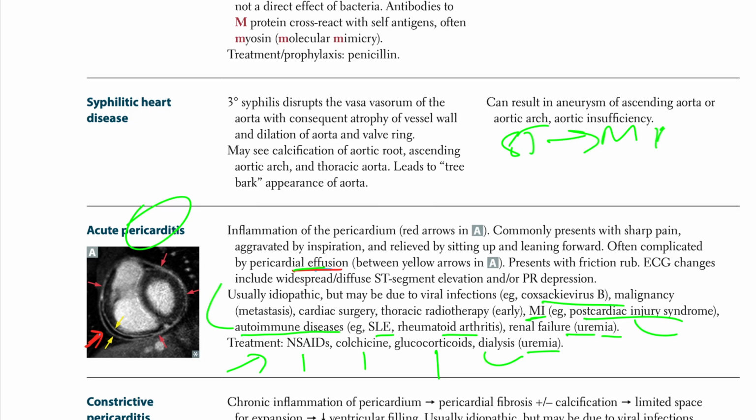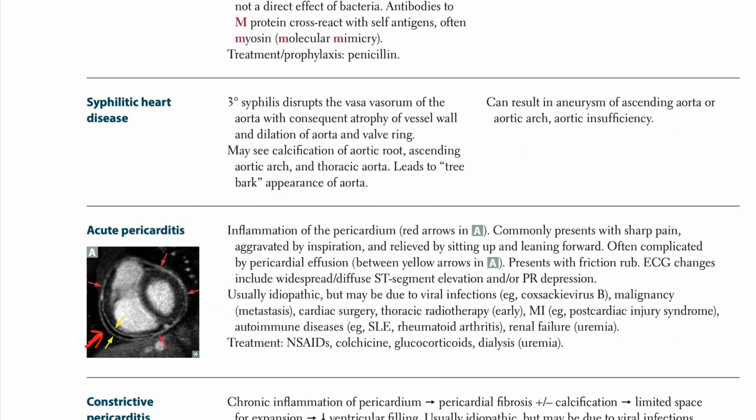Okay, so now what is the important thing in all of this? Let's just go back a little bit here. We said acute pericarditis, most common type is fibrinous or serofibrinous pericarditis.